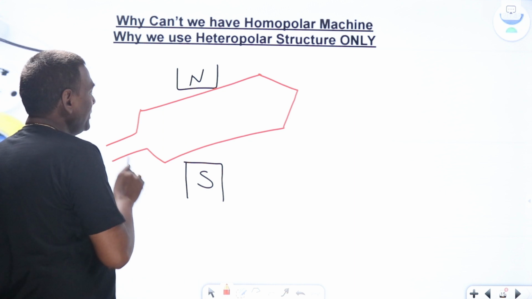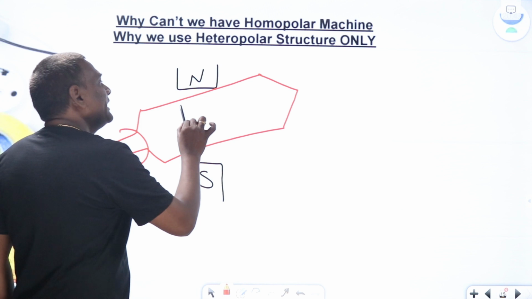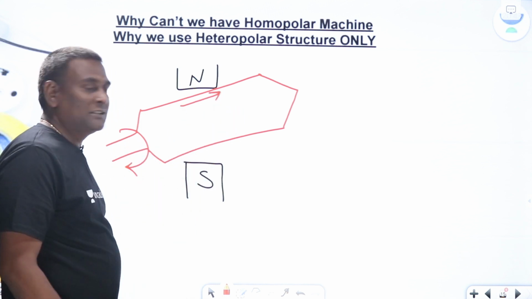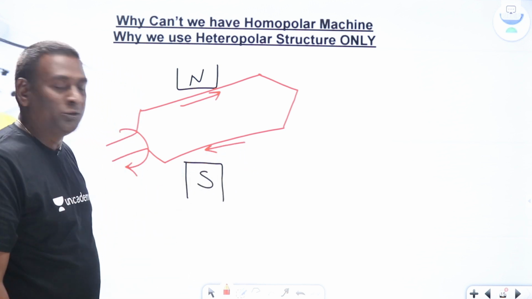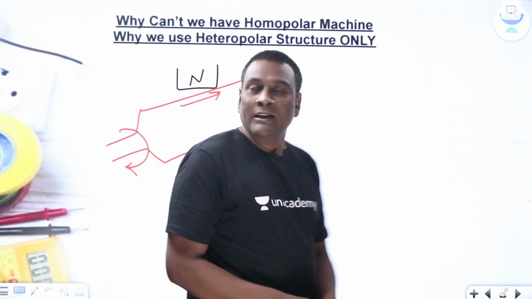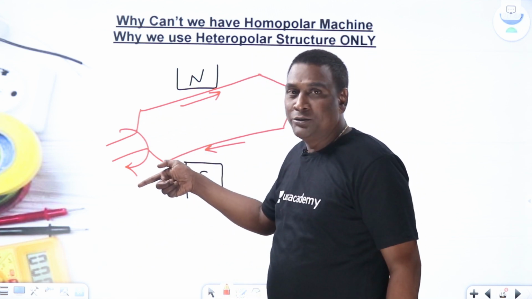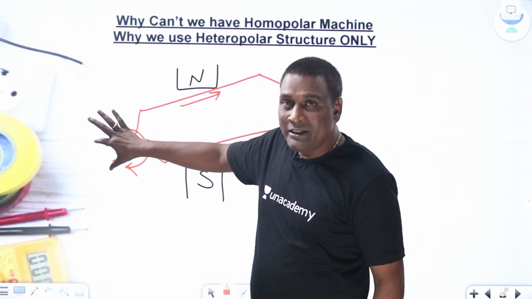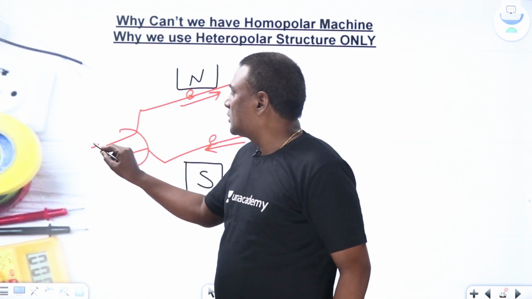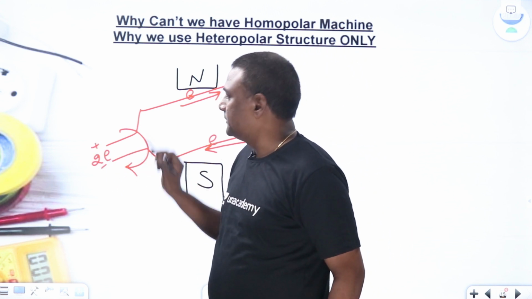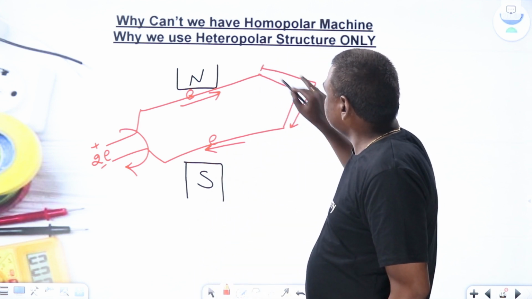For example, if it is rotating in this direction, voltage is induced in this direction under the N pole, and under the south pole voltage is induced in the opposite direction, such that they add up. If this conductor's voltage is E and that conductor's voltage is E, here you are going to get a voltage of 2E. This is called the back-to-back connection.